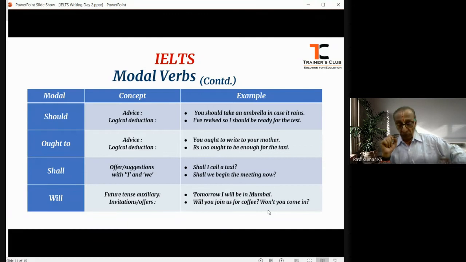Nevertheless, nowadays this usage is becoming very obsolete. People, instead of using shall, use the word will. I shall go to college tomorrow, or I shall not go to college tomorrow. Instead, what we use is I will not go to college tomorrow.